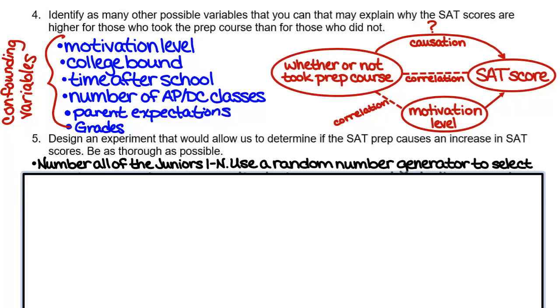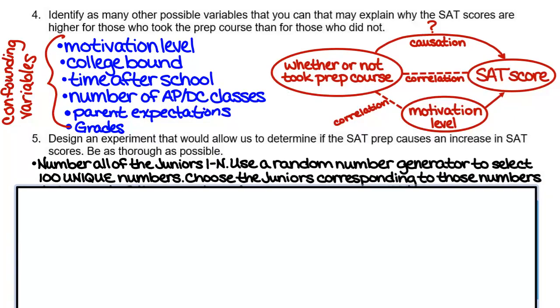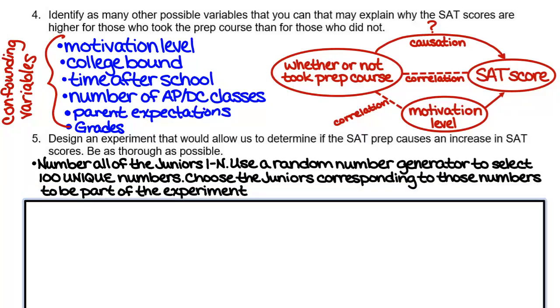I'm just using an example to set up an experiment. I'm going to take all the juniors and number them 1 to n, because I don't know how many juniors there are. Use a random number generator to select 100 unique numbers. Choose the juniors corresponding to these numbers to be part of the experiment.